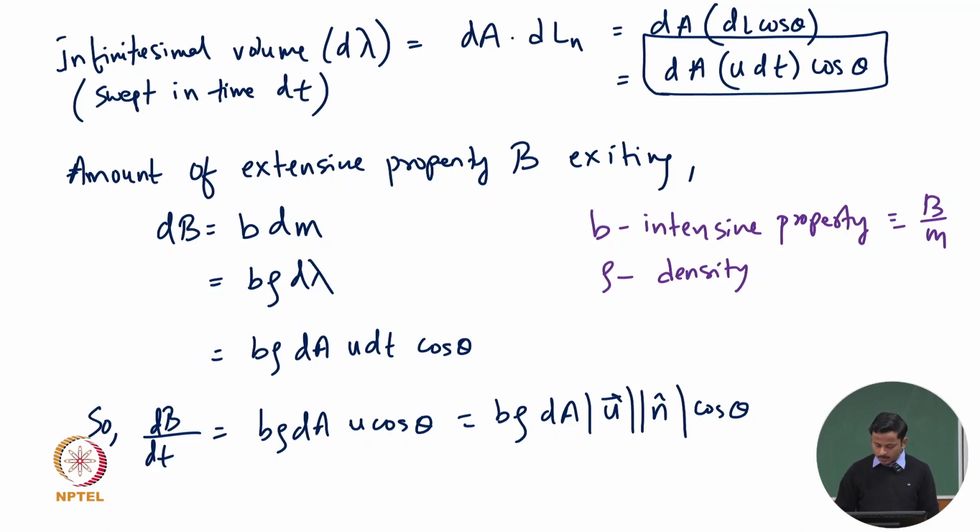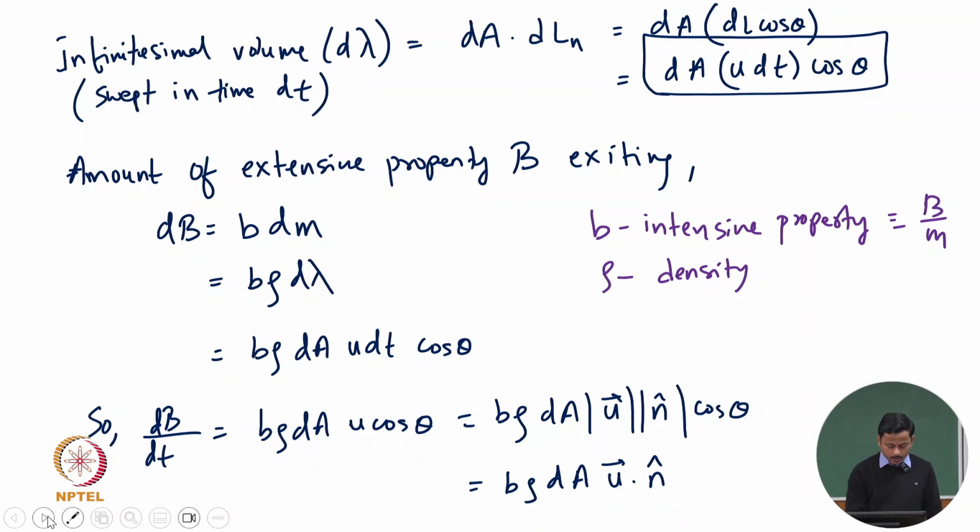We can always do this because the magnitude of n cap is 1, so it does not make any difference to the equation. Hence this can be written as b rho dA u dot n cap. We have introduced n cap here, and this is not a big deal because the magnitude of n cap is 1, so it does not change anything, and of course u is the magnitude of u. So this is u dot n cap.